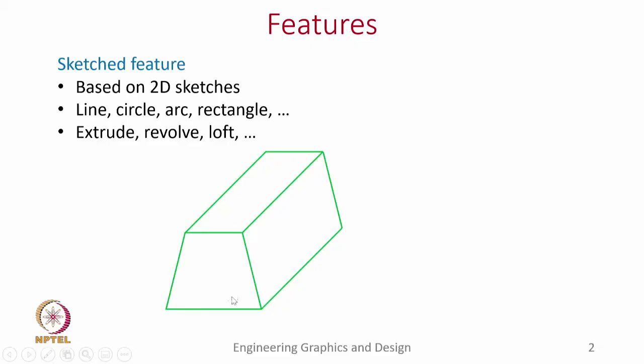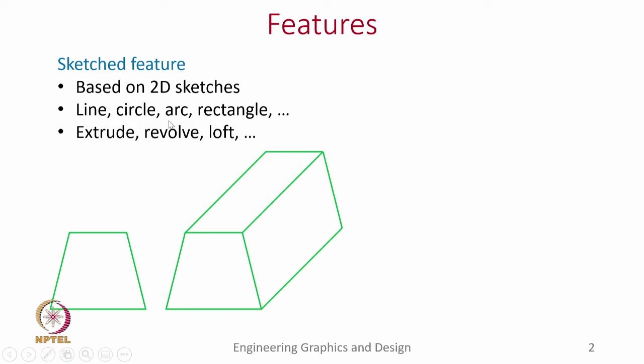What you see here is a solid, and to create this solid you first notice that in one dimension the cross section remains constant. So, we can start by creating a 2D sketch of that cross section like this, using lines, circles, arcs, rectangles, and many other features the software provides.